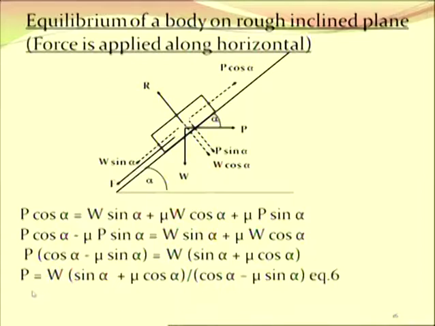So we have P equals W (sin alpha plus mu cos alpha) divided by (cos alpha minus mu sin alpha). That becomes our equation number 6. That way we can analyze force P where it is acting horizontally. Now let's take a few examples on it.